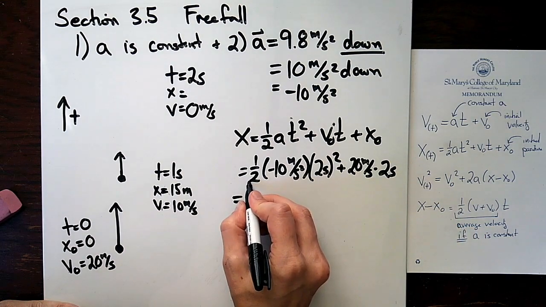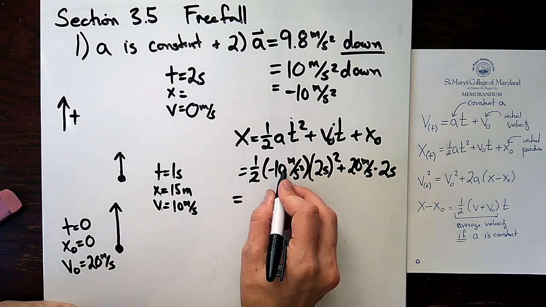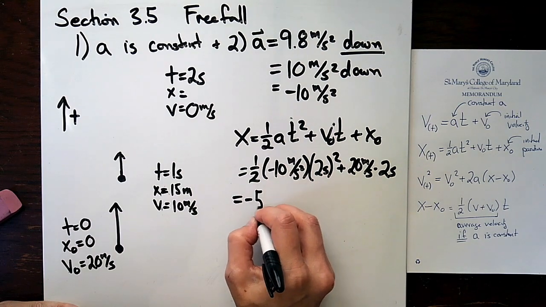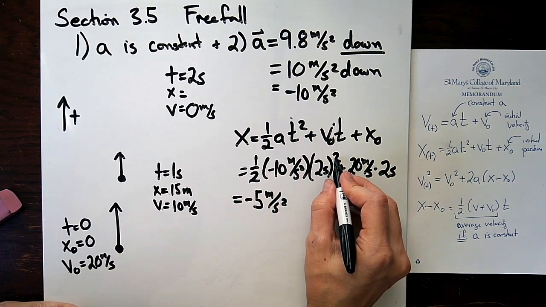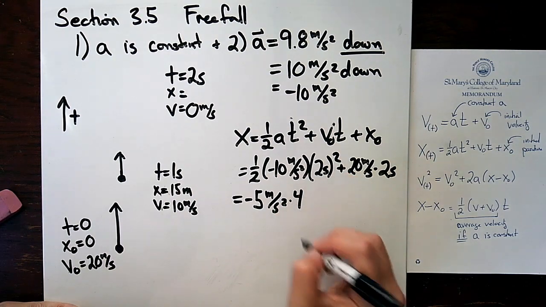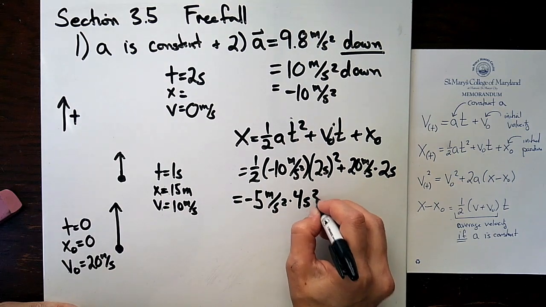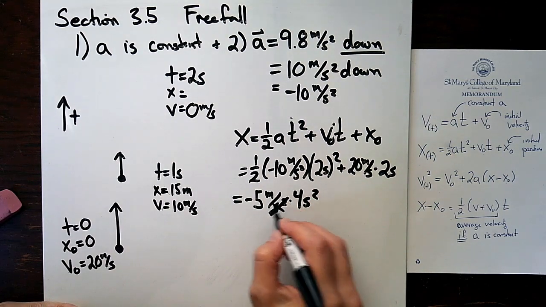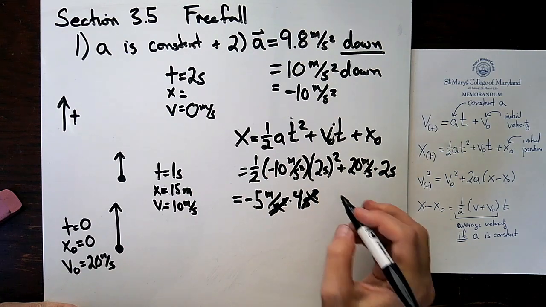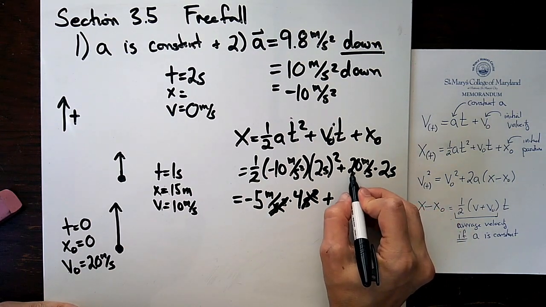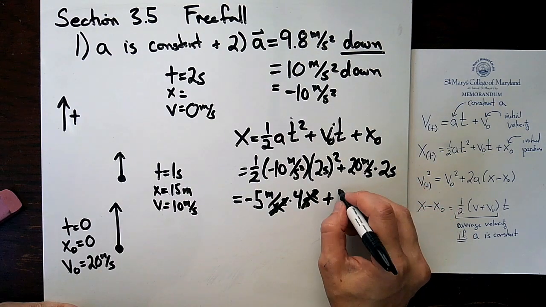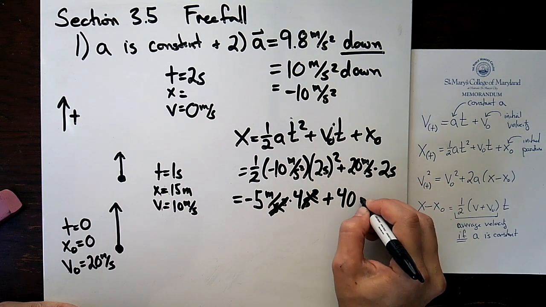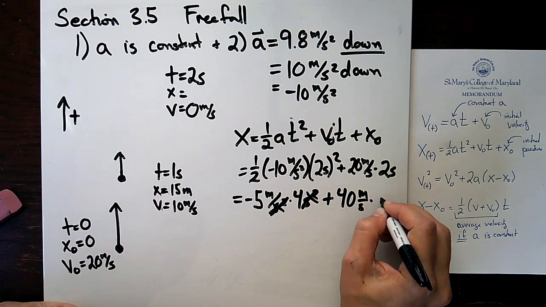Okay, so let's multiply these first two. 1/2 times -10, that's -5 meters per second squared. And then I have to square this whole thing. So I square the 2, it's going to be 4. I square the seconds, that's seconds squared. The seconds squared cancel out again. Do the next term. This is 20 meters per second, that's our initial velocity, times 2 seconds, that's 40 meters per second times seconds.